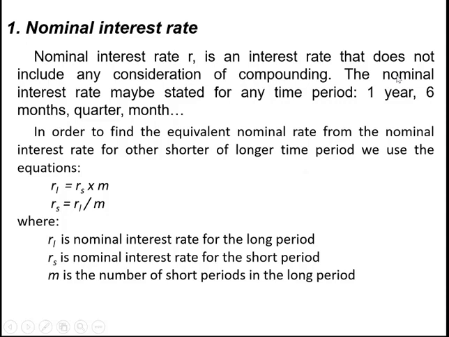The nominal interest rate may be stated for any time period, for example 1 year, 6 months, a quarter, a month, and so on. The nominal interest rate does not reflect the time value of money, so we do not use the nominal interest rate to calculate the equivalent values of money.